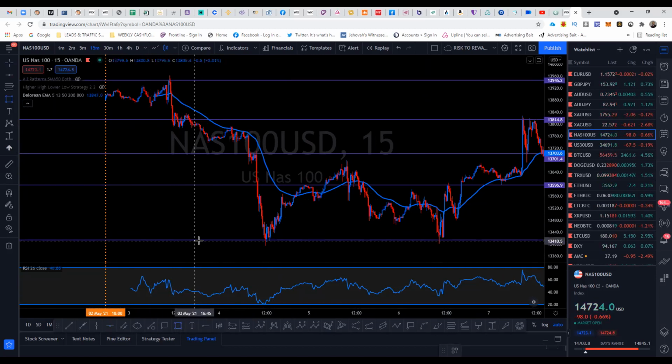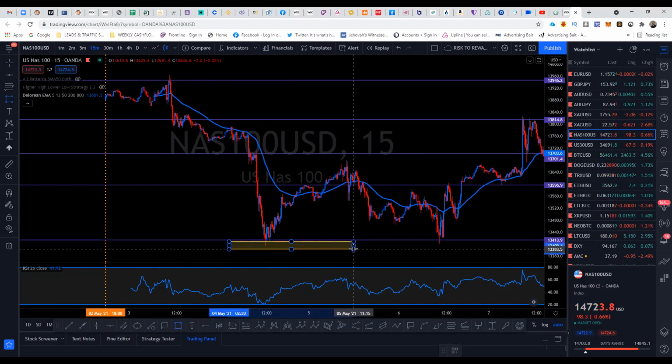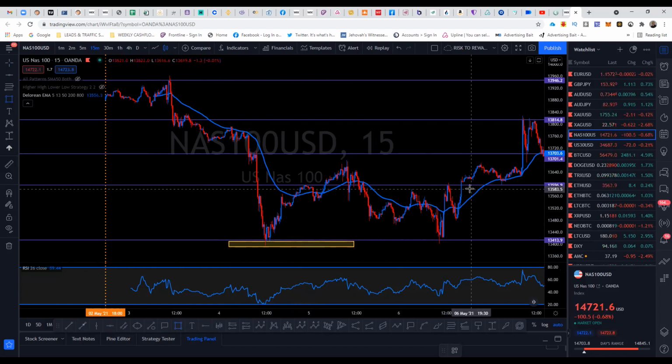Now we're going to draw our zones based off of that, from the body to the wick. Stretch those zones out.